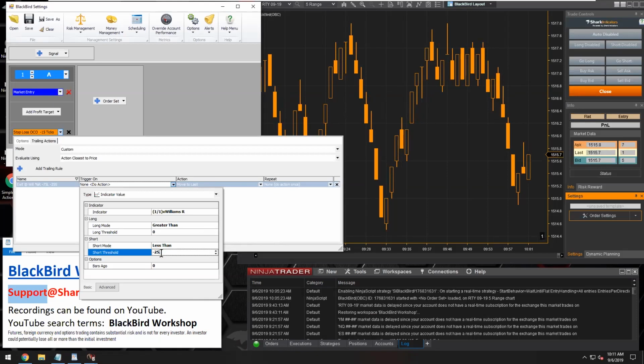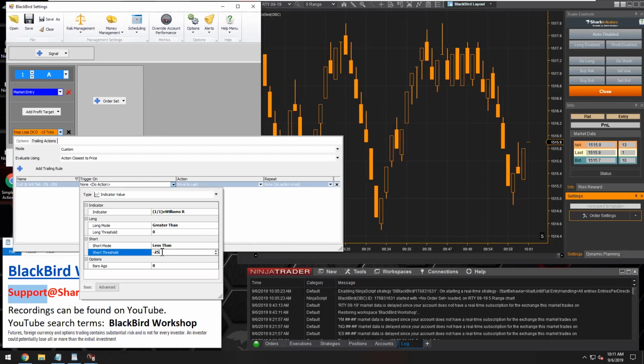So basically, if we want to exit a short, we're looking for a greater value than -25. This is not typical of most indicators. So we're going to have to change the short mode to greater than or equal to. There you go, so greater than or equal to -25 here.